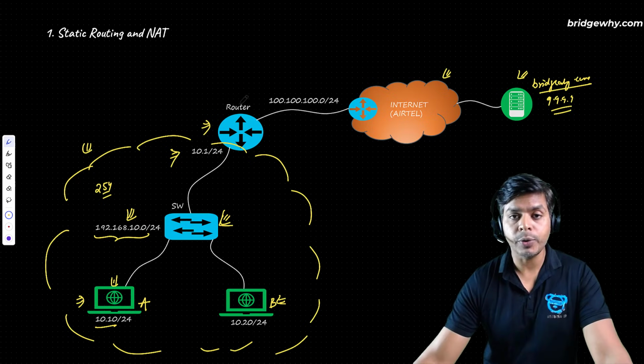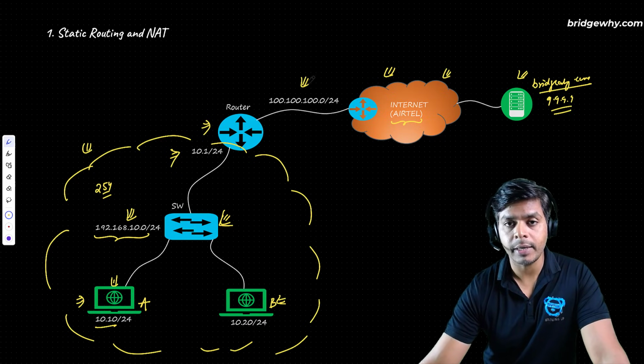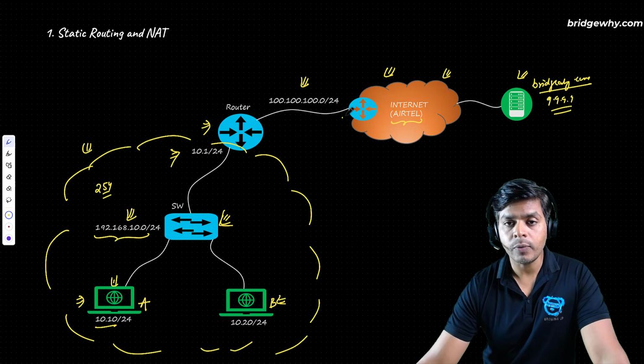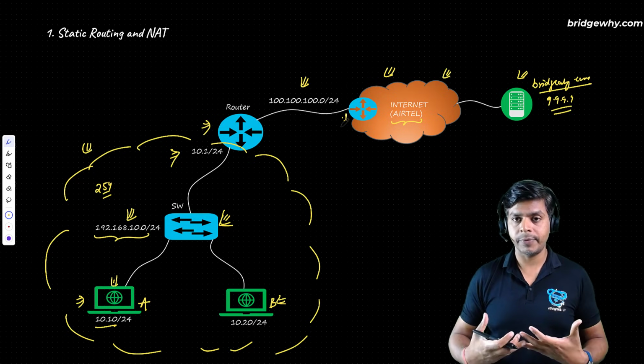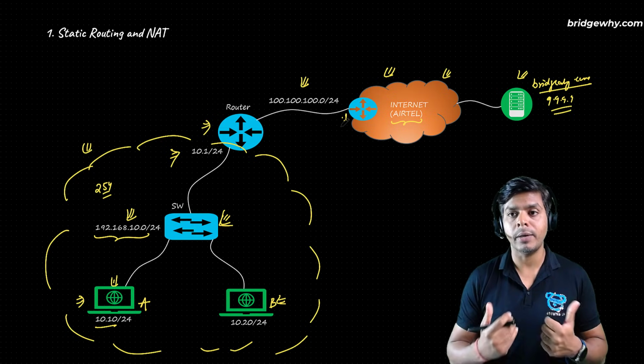Now, if you need to connect to the internet, you need to take a service from an internet service provider. And here we have chosen Airtel. Airtel has given us a public range, which is /24. And Airtel is saying that the .1 address, the first address, I am assigning to myself. This is the IP address of my router.